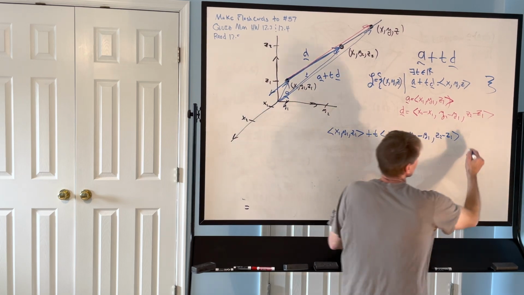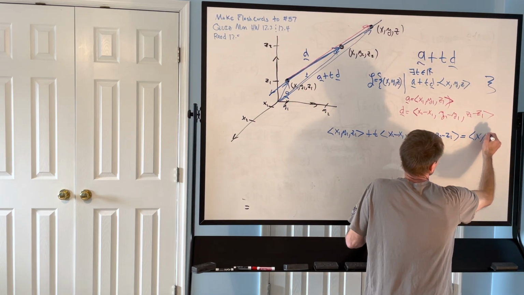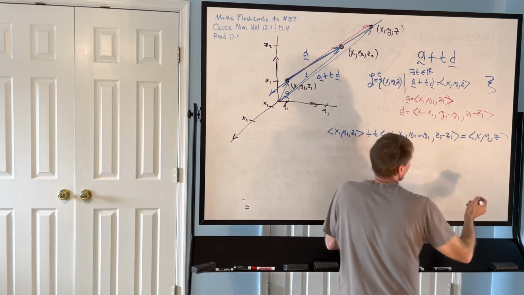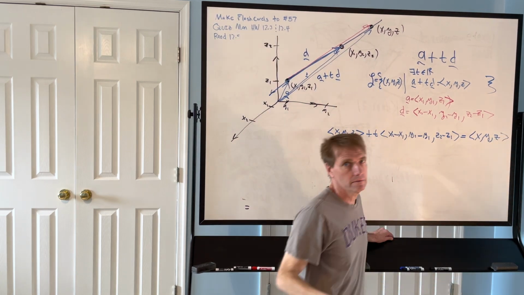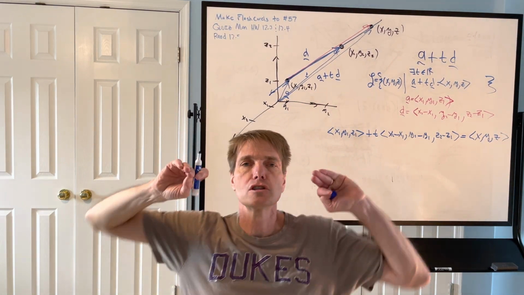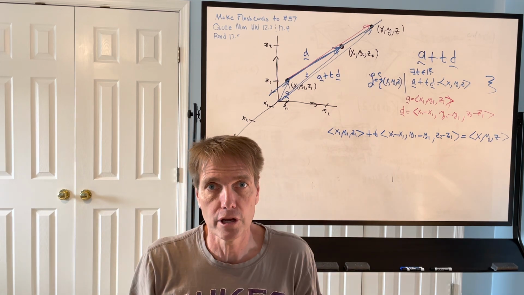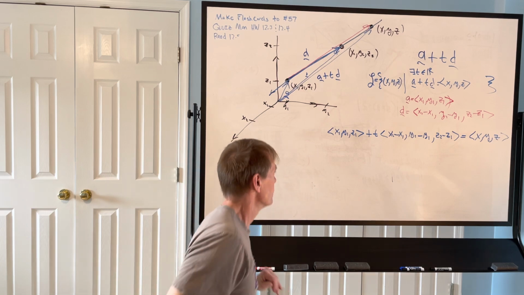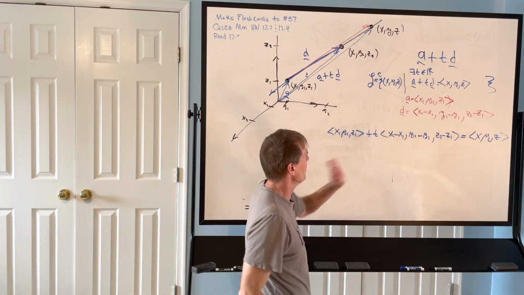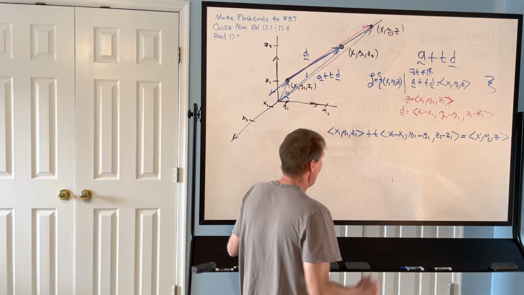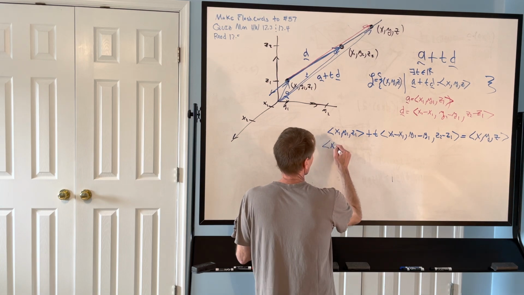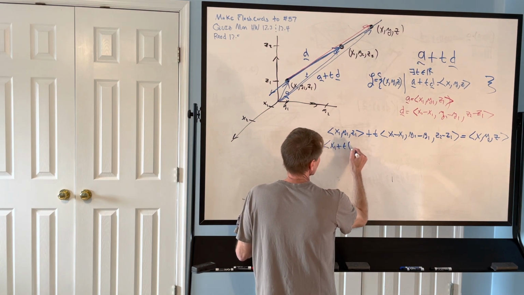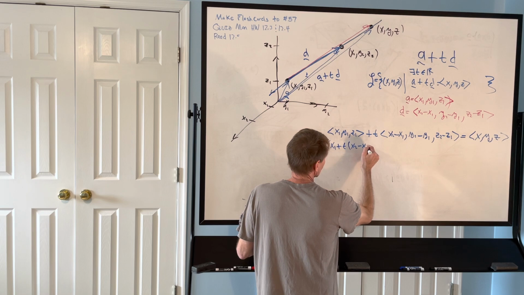A plus td points to the point on the line xyz. Now guys, we're going to do the same thing. Do scalar multiplication and vector addition. And so if I did that, I multiply by t, I add vectors, I get x1 plus t times x2 minus x1.